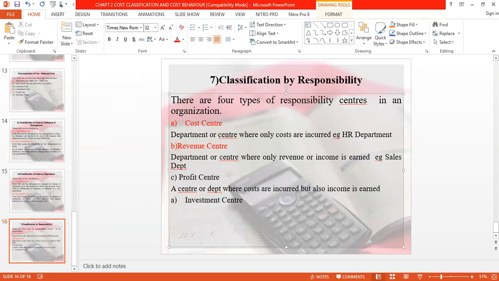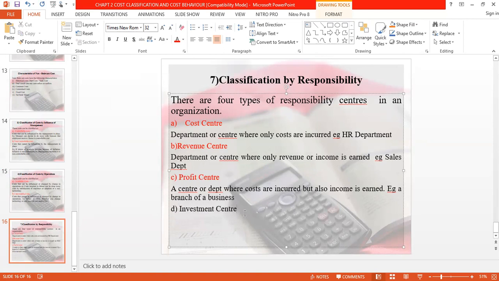So we also earn income in this particular center. E.g., a branch of a business can be an example of a profit center. There are costs that are incurred, but there is also revenue that is earned in that specific center.